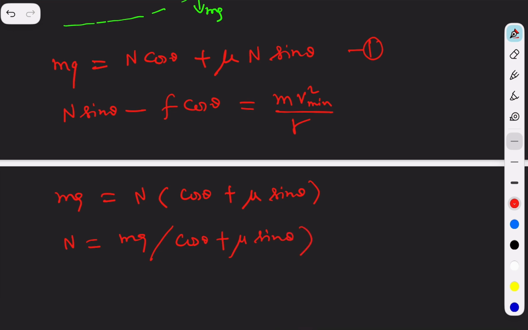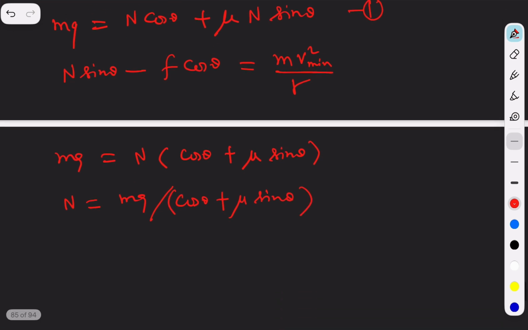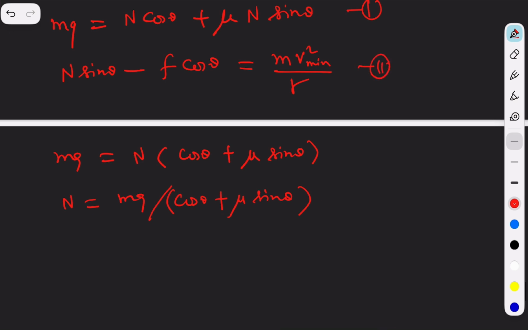So guys, if I use this N value in equation number 2, what will happen? Equation number 2 is N sin theta minus f cos theta, where f is nothing but the friction force. So mu N cos theta is equal to m v square minimum divided by r.